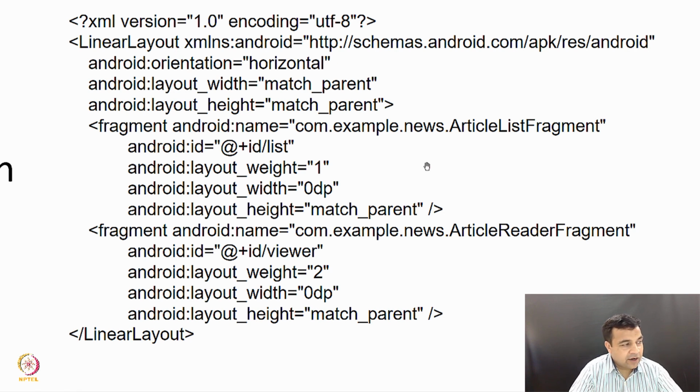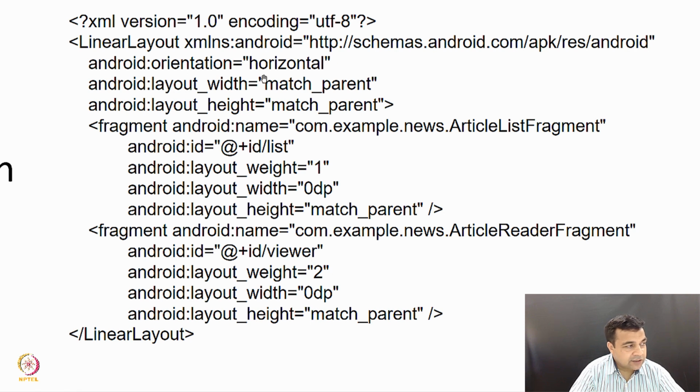So let me come back again. A fragment has Android name, which will refer to the class file of the fragment that you are referring to. From that, and with these properties, the Android system will decide how to put the fragment as a view into the view group of the activity.